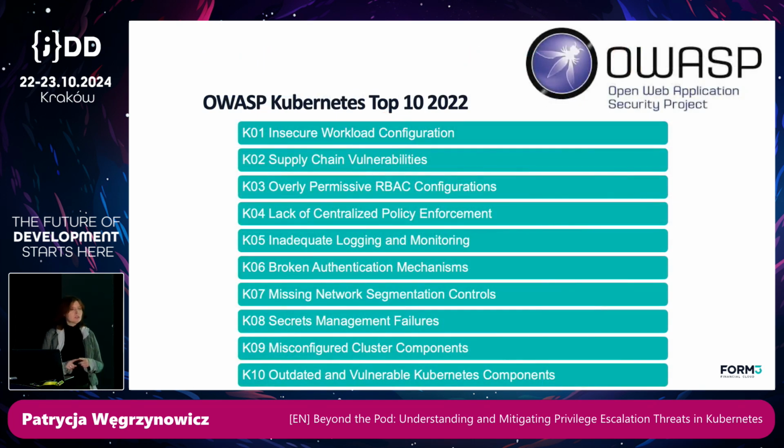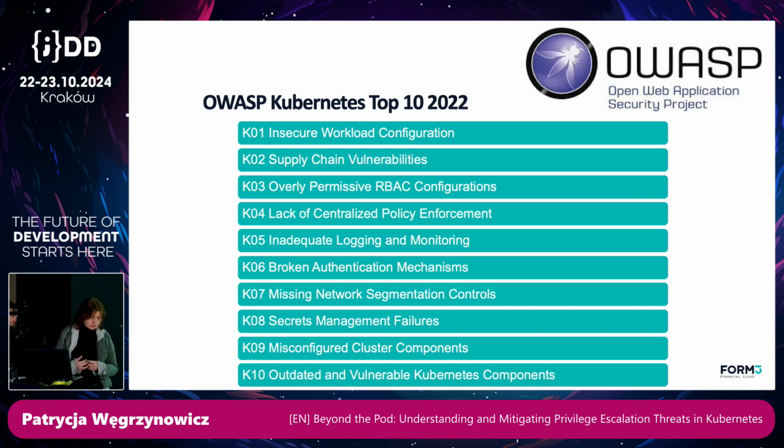Also in 2022, for the first time, OWASP published this Kubernetes Top 10 security risk list. It's like a hit parade, so we can take a look at some of them, especially in the context of privilege escalation.